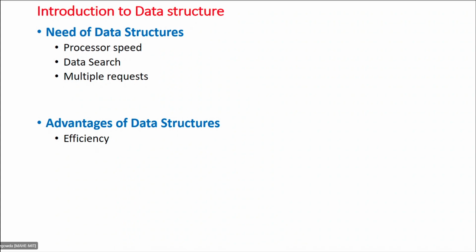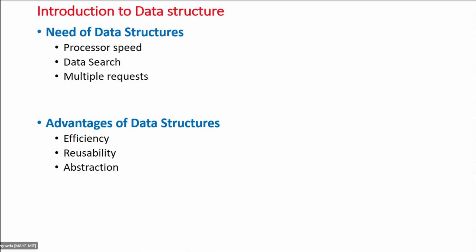The next one is reusability. Data structures are reusable, meaning that once we have implemented a particular data structure, we can use it at any other place. The implementation of a data structure can be compiled into libraries which can be used by different clients.